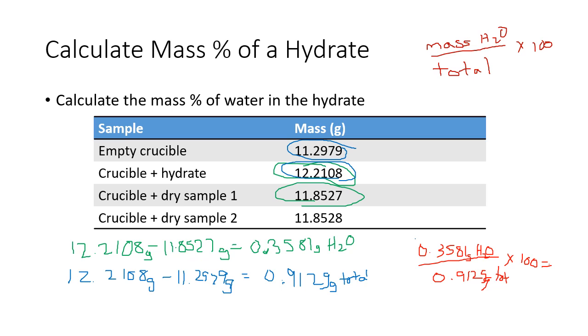All right, so what do we get when we do that? 0.3581 divided by 0.9129 times 100 gives us 39.23.